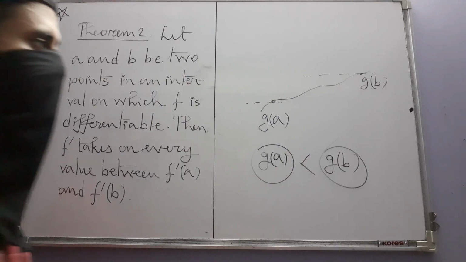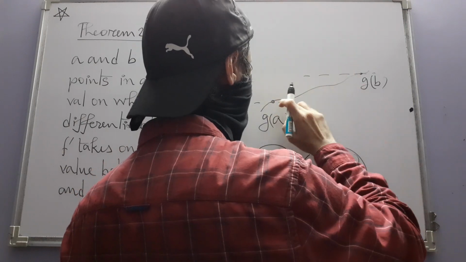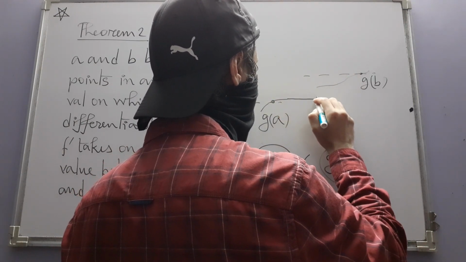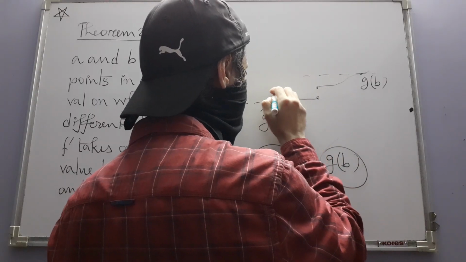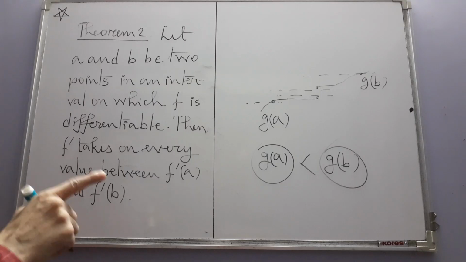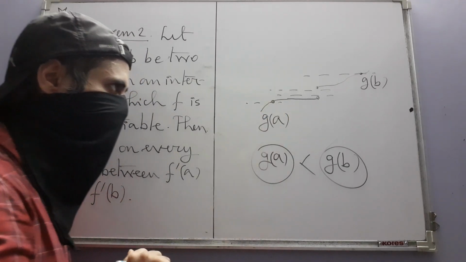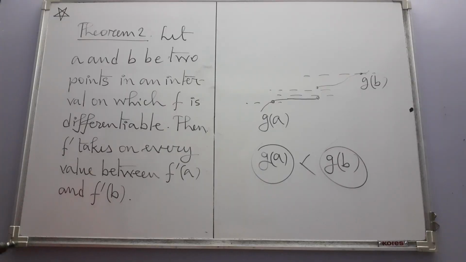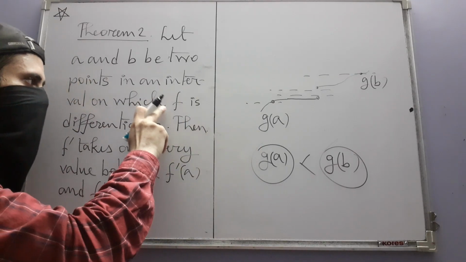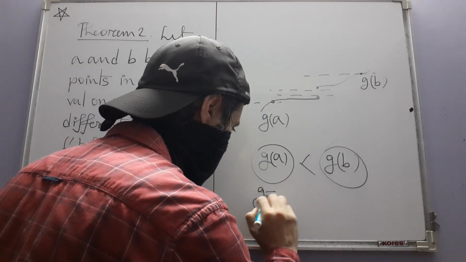However, the function g is such that it does not take all the intermediate values. There is a gap. These values the function g does not take. Then, because of this lack of the intermediate value property, g cannot be the derivative of some function f. g cannot be equal to f prime.